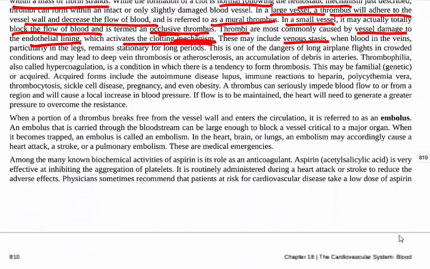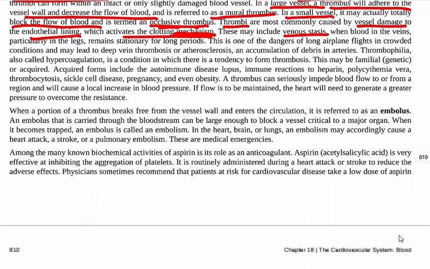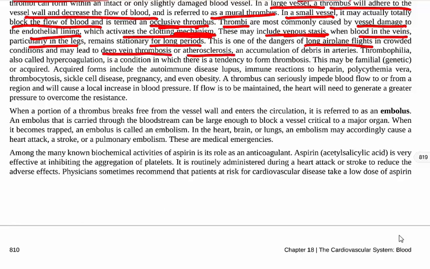So let's see, in a small vessel, it may actually totally block the blood flow. Thrombi are most commonly caused by blood vessel damage to the endothelial lining, which activates the clotting mechanism. These may include venous stasis, when blood in the veins, particularly in the legs, remains stationary for long periods. So if things remain stationary for a long period of time, for example, long airplane flights in crowded conditions, that may lead to deep vein thrombosis or atherosclerosis.